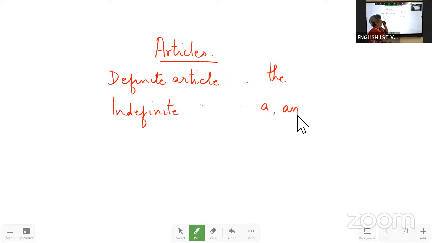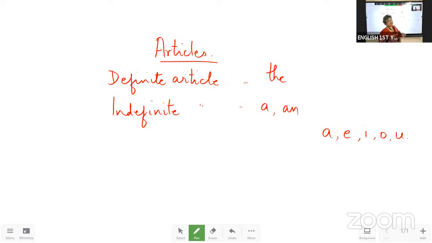And as you know, an is used with vowels. What are the vowels? A, E, I, O, U. And you say an is used before vowels.